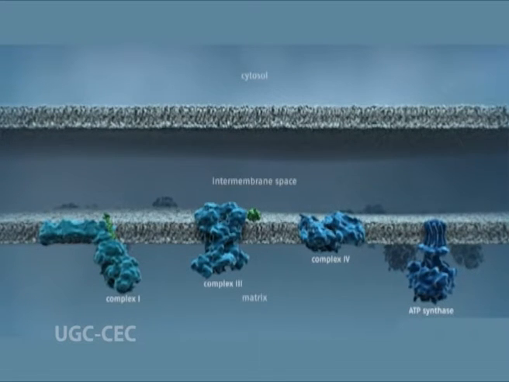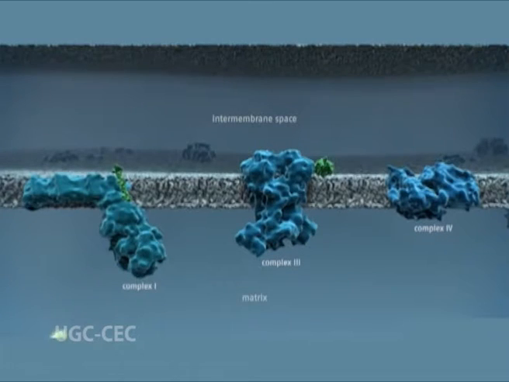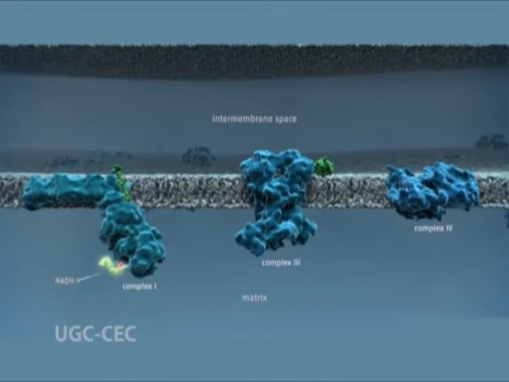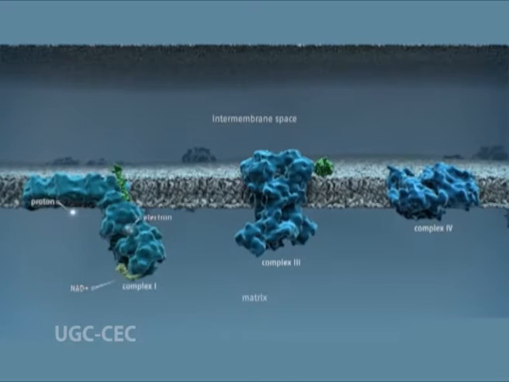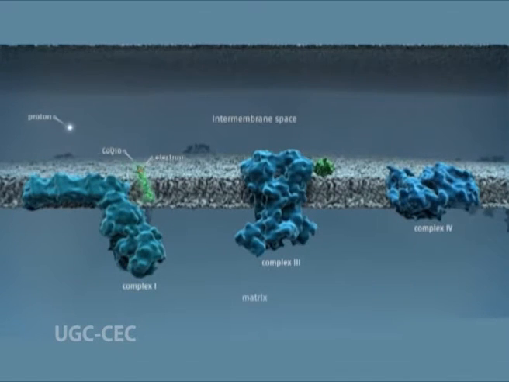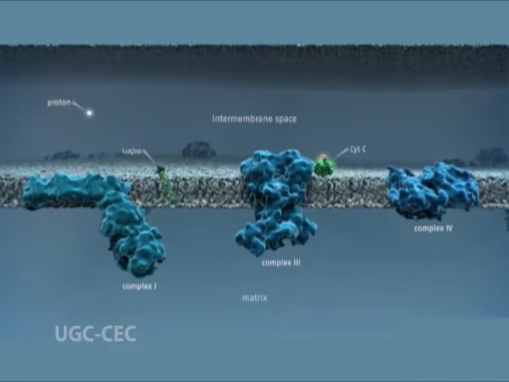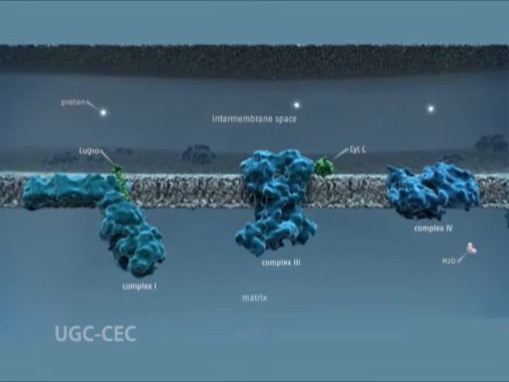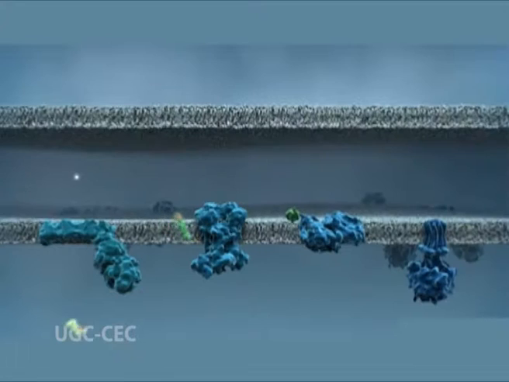This energy can be utilized to pump protons across the inner membrane from the mitochondrial matrix to the intermembrane space, creating a proton electrochemical gradient.